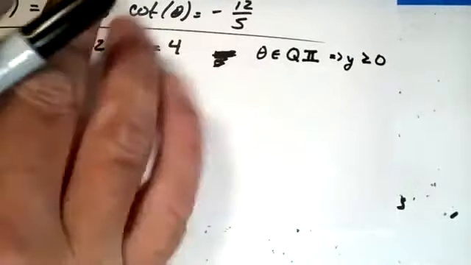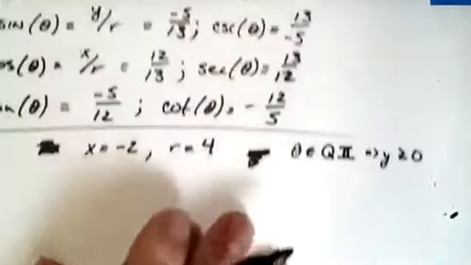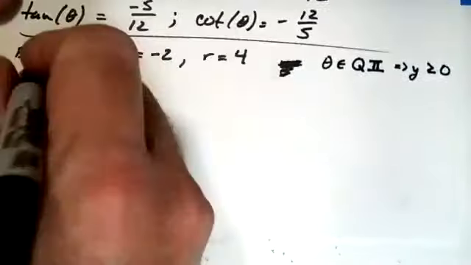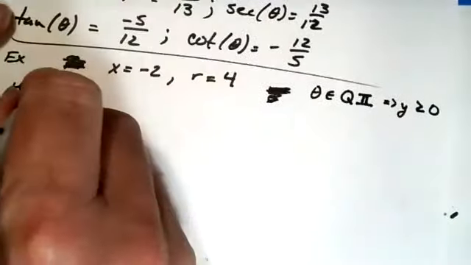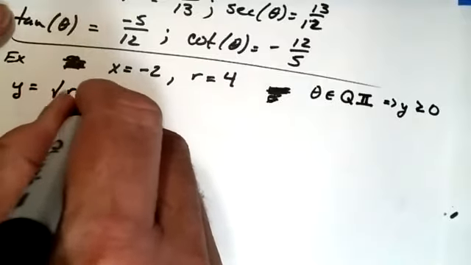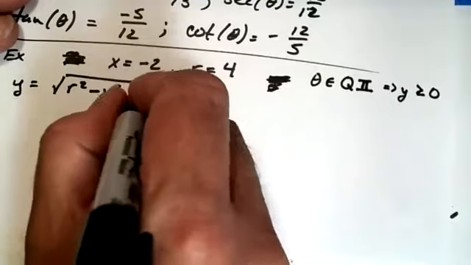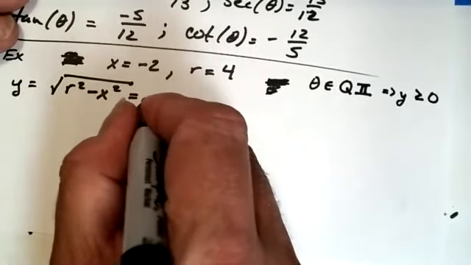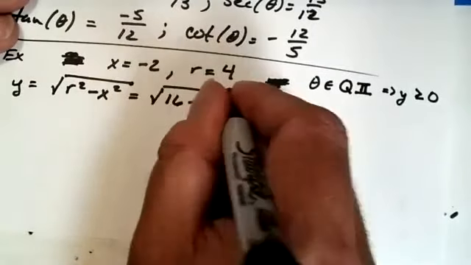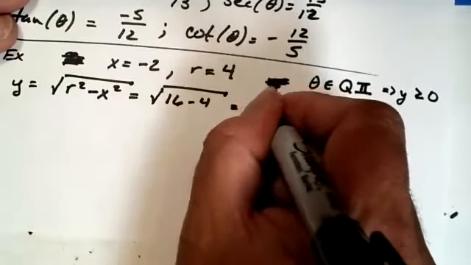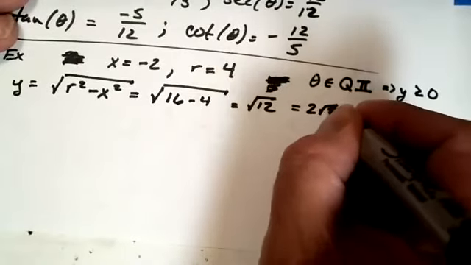So the formula, using the distance formula in reverse, where r is actually the distance, but now you want to find the coordinates, y is equal to, and again, it's going to be the positive square root of r squared minus x squared, which happens to be equal to the square root of 16 minus 4, which is the square root of 12, which reduces down to 2 square root of 3.